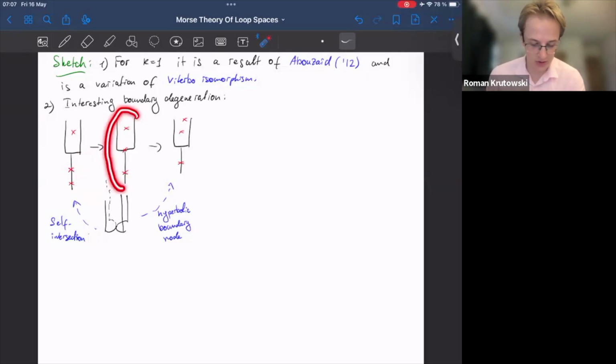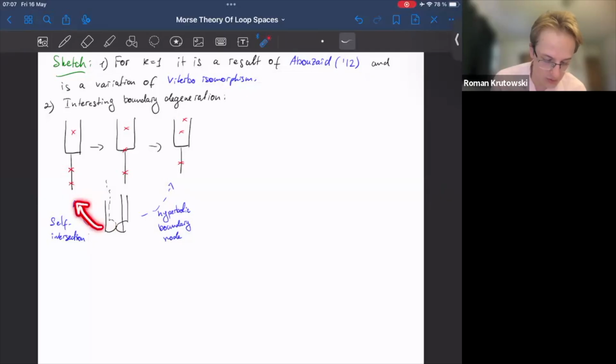So the picture, again a cartoon for a curve in this position, is as follows. It exhibits a hyperbolic boundary node here. If you go to the left on the curve side, from the perspective of this curve, this is just some self-intersection of the J-holomorphic curve. And when you travel to the right, this is a hyperbolic boundary node.